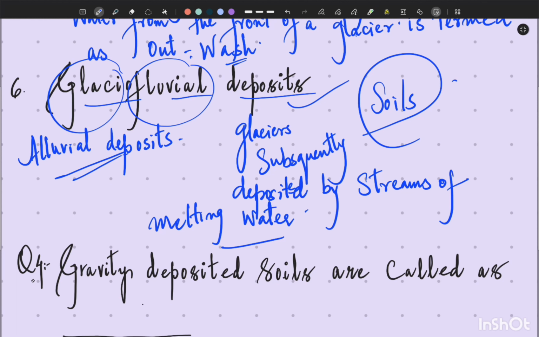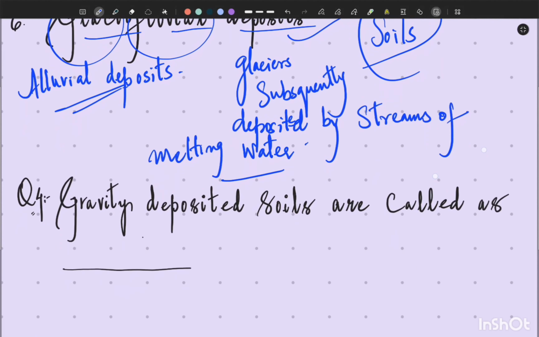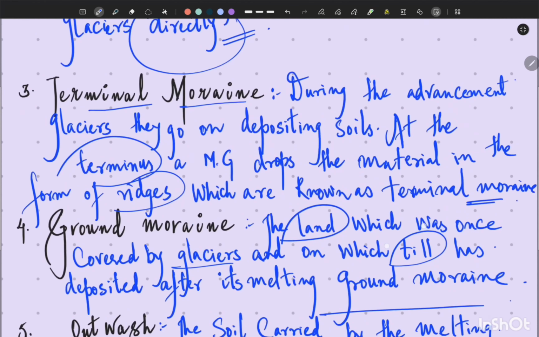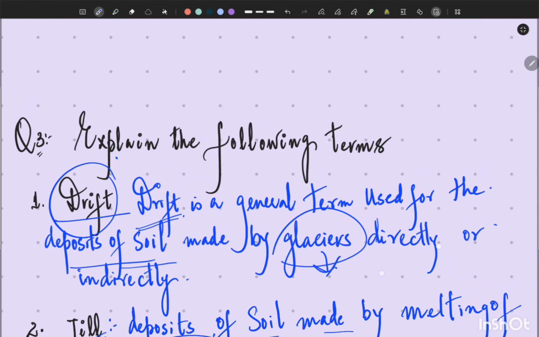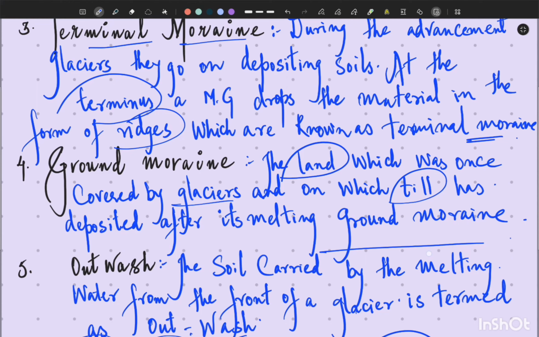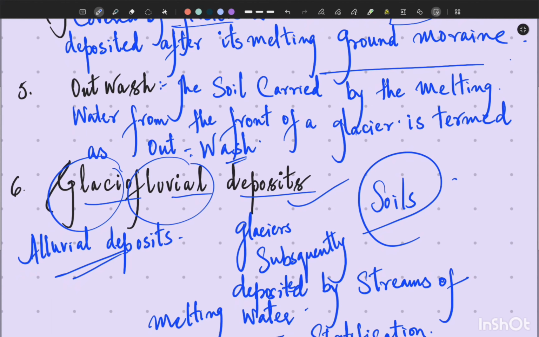These deposits of soil are known as glaciofluvial deposits, and they have stratification. All right, so this was question number 3, wherein we were asked to explain certain terms: drift, till, terminal moraine, ground moraine, outwash, and the glaciofluvial deposits.